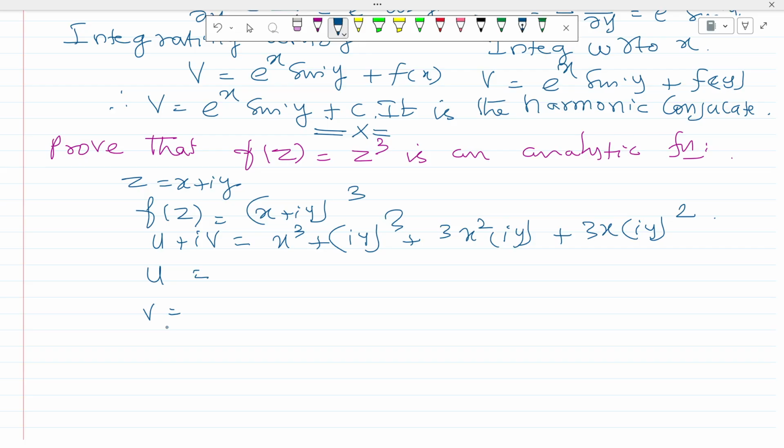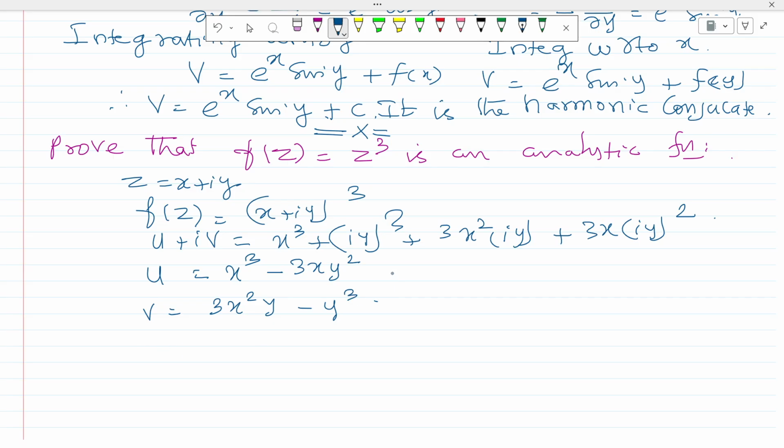Yesterday I have given, na? u is the real part: x cube minus 3xy square. Imaginary part v: 3x square y minus y cube.